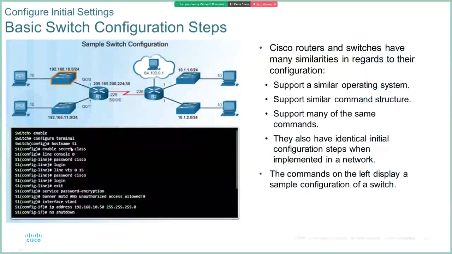So host name: we go in user mode, enable, configure terminal to go in the global config, put in our host name, our enable secret password, then put our passwords on our line console and our virtual terminal interfaces, then turn on service password encryption so that all these plain text passwords are given some minor protection.